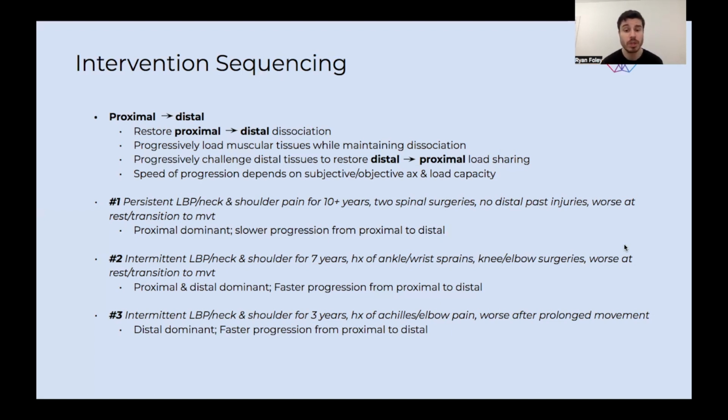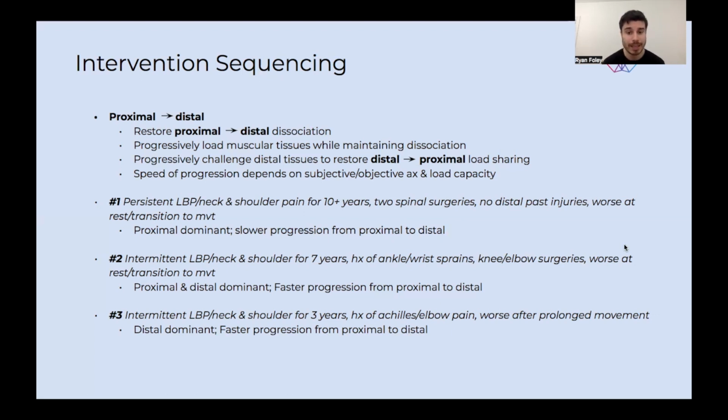The muscular tissues should be able to relax, but because of their unique history, the inability, I should say, to relax those tissues may be secondary to poor local load sharing capacities proximally, not necessarily poor limb load sharing capacity. So what we're seeing proximally may not be secondary to poor distal load sharing, but it may be due to more of a lack of local load sharing. Okay, so we're going to work from proximal to distal much more slowly.